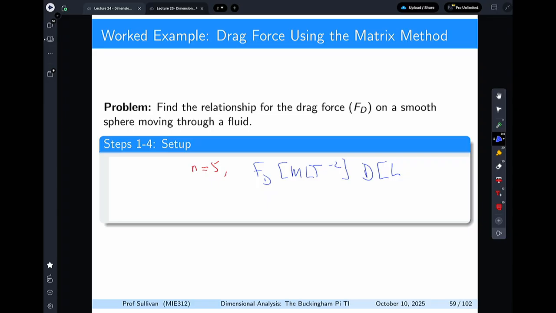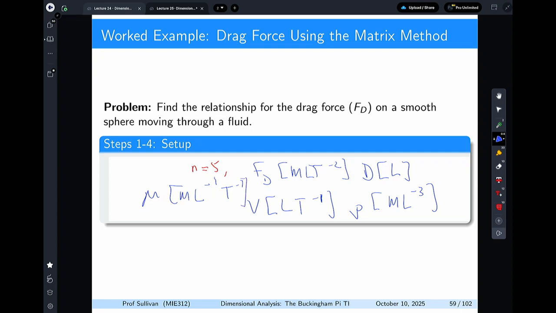So on a smooth sphere, you're going to identify your diameter as important. Velocity is L t to the minus 1. And rho is m l to the minus 3. You have mu, m l to the minus 1, t to the minus 1.